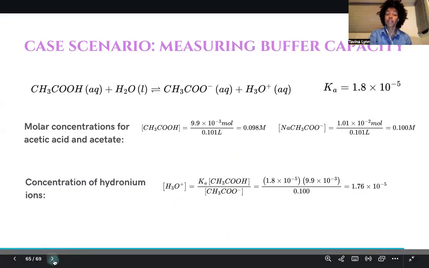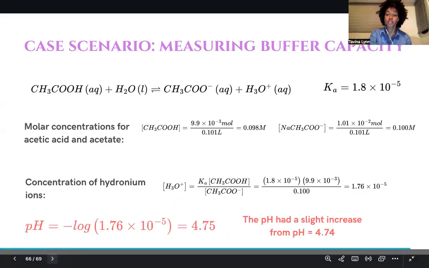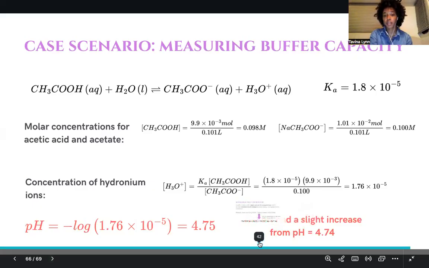If we take the negative log of that, our pH is 4.75. So that's just a slight increase from 4.74. So we would say this buffer has a pretty high capacity when we add 1 milliliter of, what was our concentration of sodium hydroxide? I think it was 0.1 molarity. So we just see a slight increase in pH.